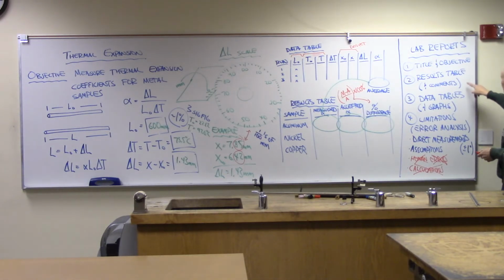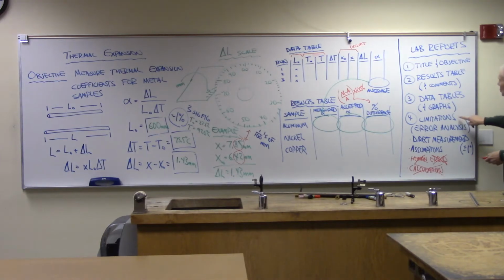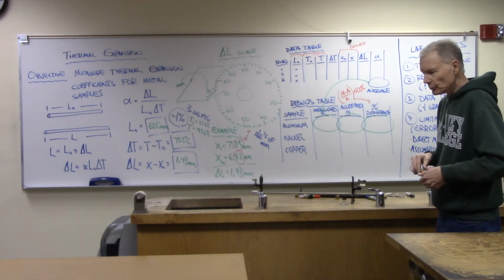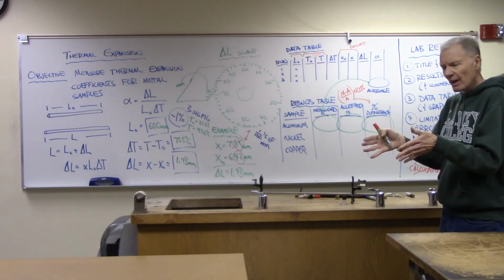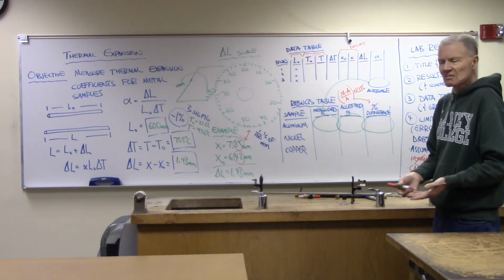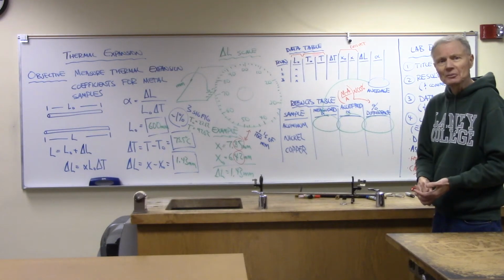So, results, data tables, limitations. So the limitations are just an error analysis. Now, if your number doesn't match the accepted value, that's not an error.